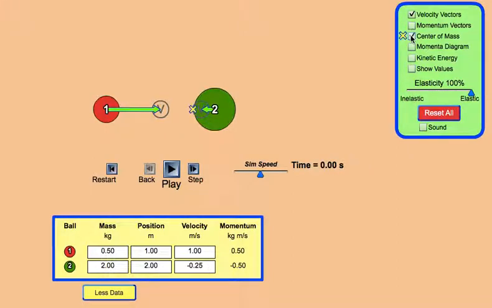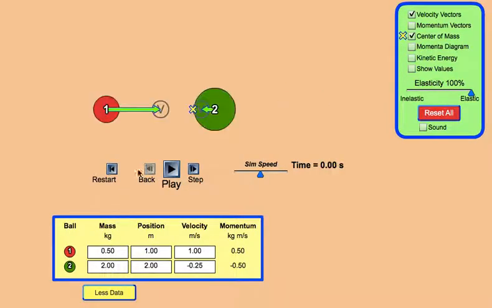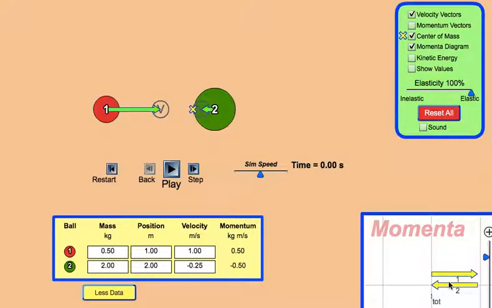But this time I'm going to click on the center of mass. And if you hit run, watch the center of mass. Ready? Whoa, the center of mass doesn't move. So cool. Why? Because if I hit restart and look at the momenta, here's the momentum of ball 1, here's the momentum of ball 2.